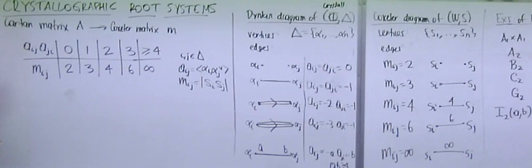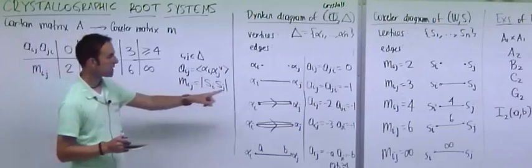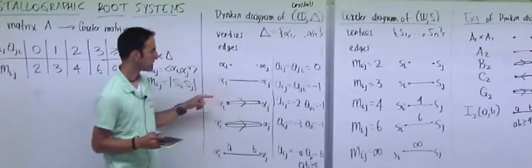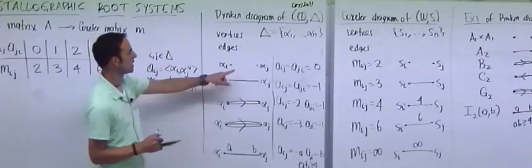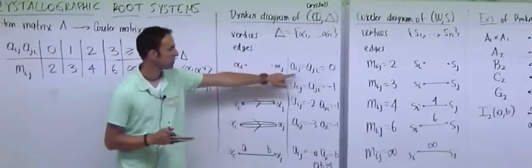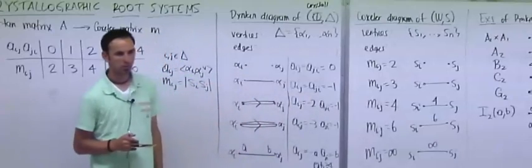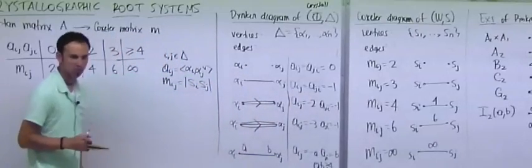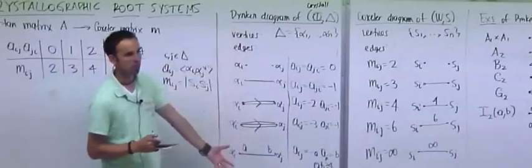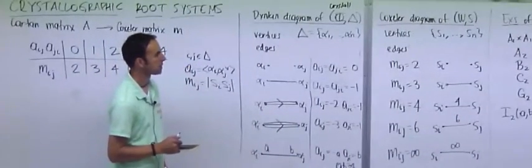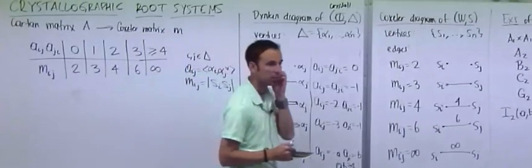Now, if I give you the Dynkin diagram, that means that you already know the Cartan matrix, right? Because if you see this, you know that the Cartan numbers are 0. If you see this, you know the Cartan numbers are -1, etc. So classifying integer Cartan matrices basically is the same thing as classifying the Dynkin diagrams of crystallographic root systems. And we're finally in a position to answer this question.